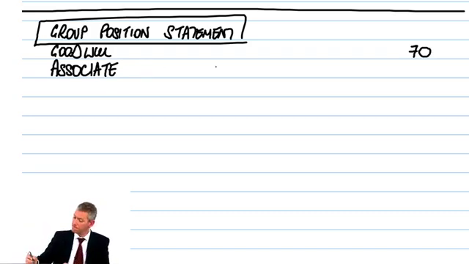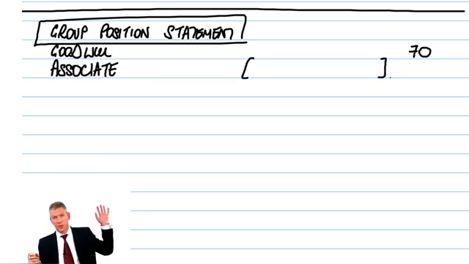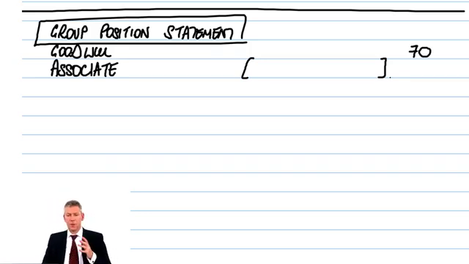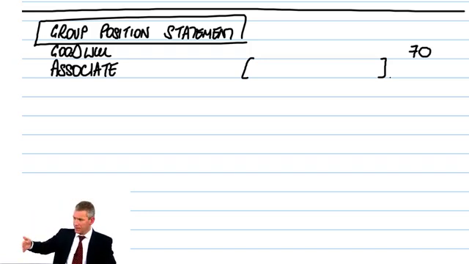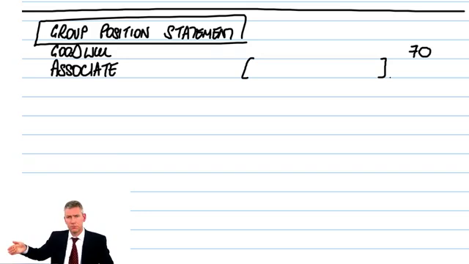Well done. Now, roll forward is a little working I'm going to do in this brackets here that you can see. But actually, if I say it quickly and then slow down, it's strange. It's actually easier to understand if it's said quickly. What we do is we measure the associate at the year end as being approximately worth, at the year end, the same as it was at the year start plus the growth.